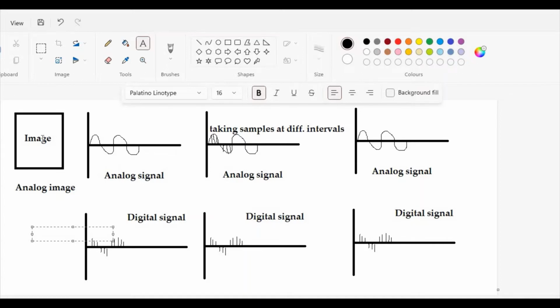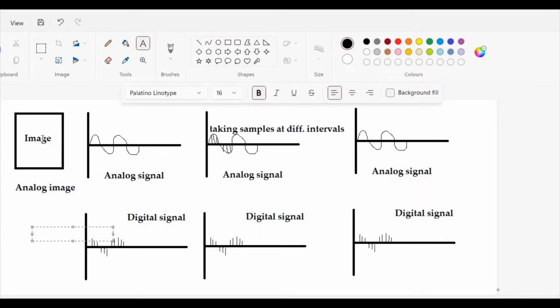For example, images you see on TV, when you watch TV, those are analog images, because some electrical means are manipulating those images with electrical signals. Okay, and because of those manipulations performed by those electrical signals, there are always some sort of variations that can be shown in the form of a waveform, a continuous waveform.